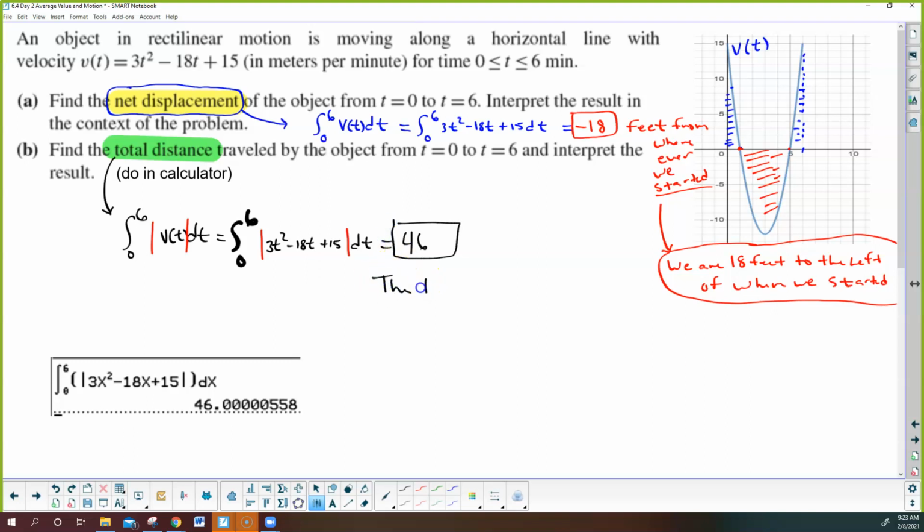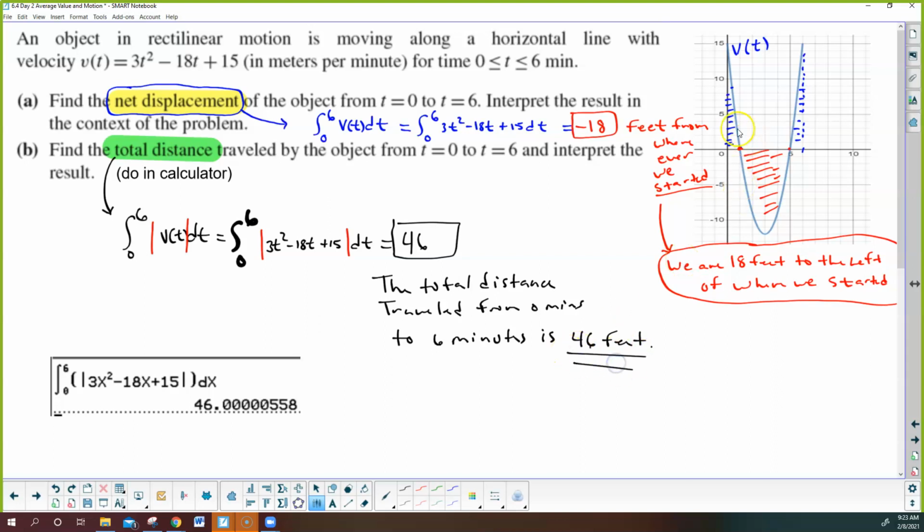Well, the total distance traveled from 0 minutes to 6 minutes, or you could say in the first 6 minutes, because that's the same thing, is 46 feet. So what that did was it took any area here and it made it all positive and it just added it up.